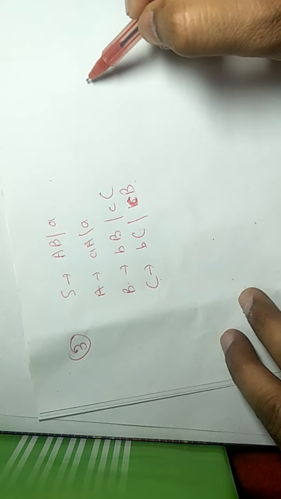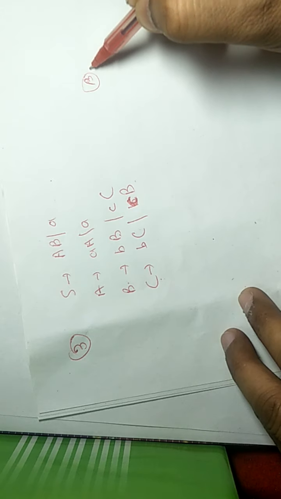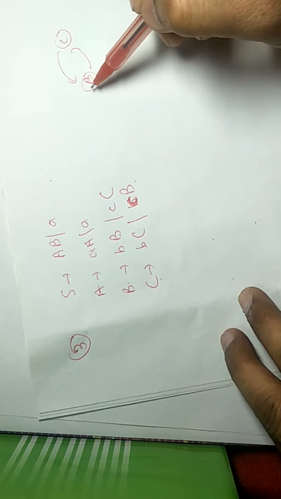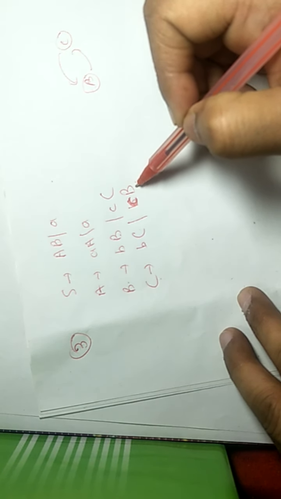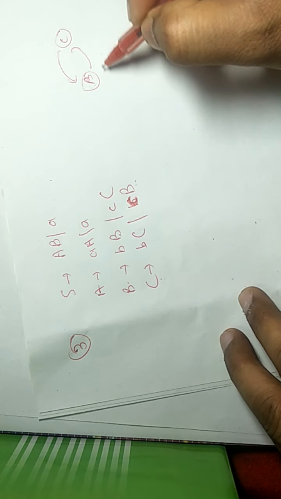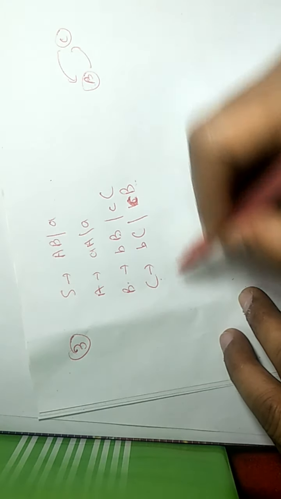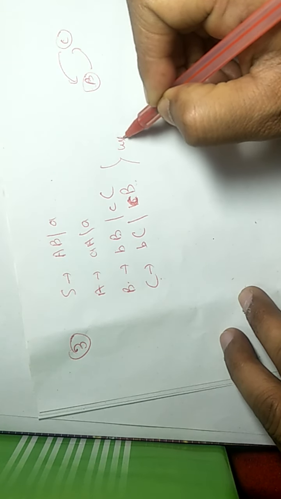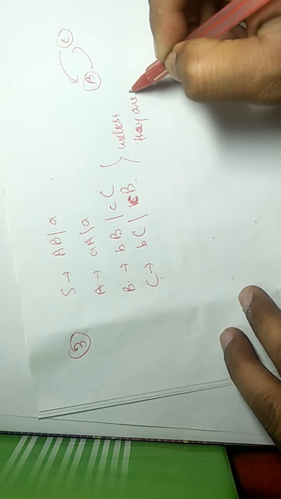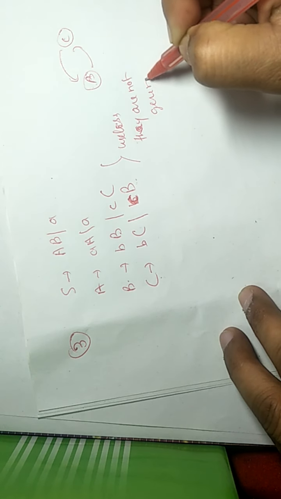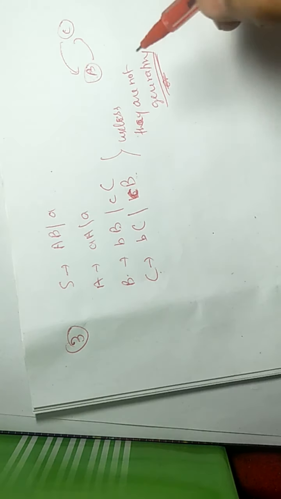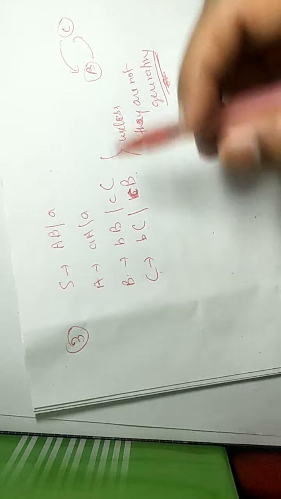It is like a loop, going from B to C and again reaching C to B, and moving again B to C. It is like a non-terminating cycle. So these two productions are useless because they are not generating any string.